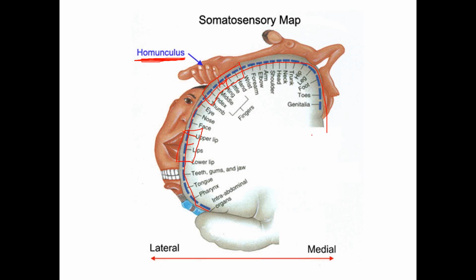Now, you can actually draw this person as if they existed. And there they are. Very neat, eh? This is a person drawn according to the amount of brain area responsible for that function. So this person has huge hands, because a significant part of their brain is there to control their hands.